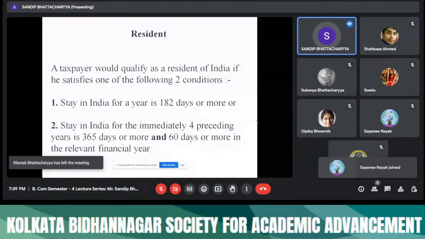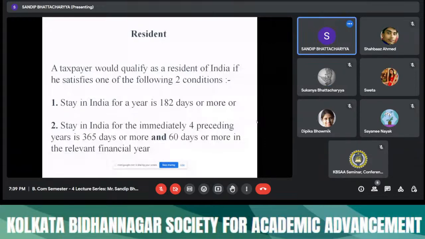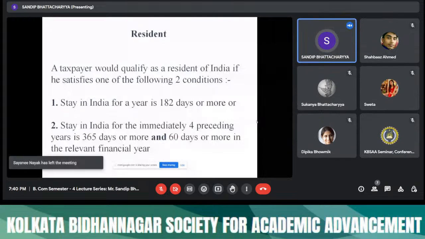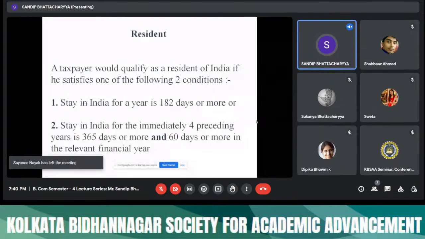So either you stay in the previous year 182 days, that is enough. But if not, you move to the second condition: in the previous year, that is 2022-23, you should stay 60 days, and apart from these 60 days you should have stayed 365 days in the last 4 previous years, apart from the preceding one.